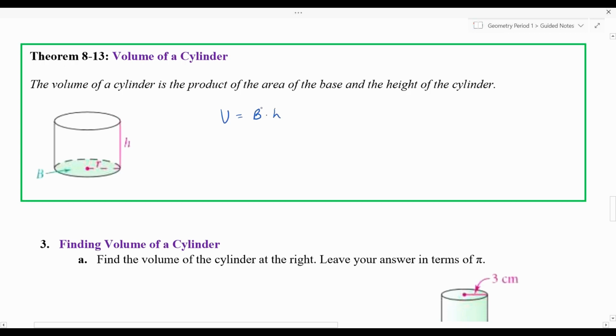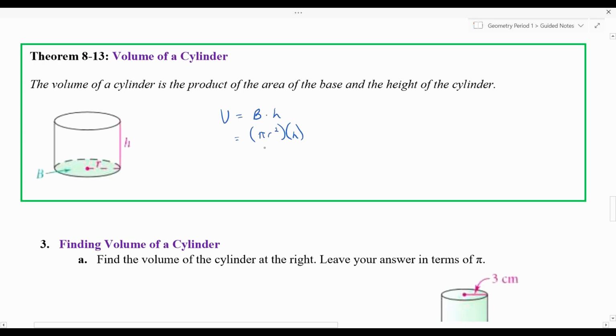However, the base happens to be a circle. So now we could rewrite this as our volume is going to be the area of a circle, in general terms pi r squared, times h. So this is how we're going to be using the volume of a cylinder, that formula right here.